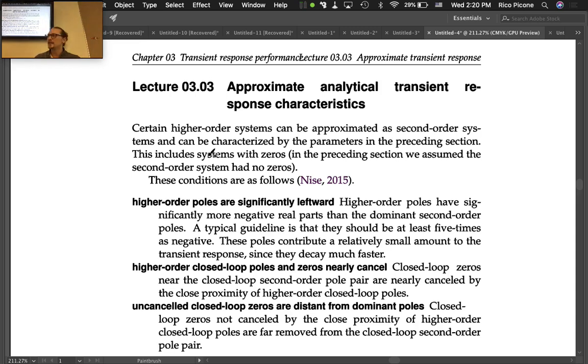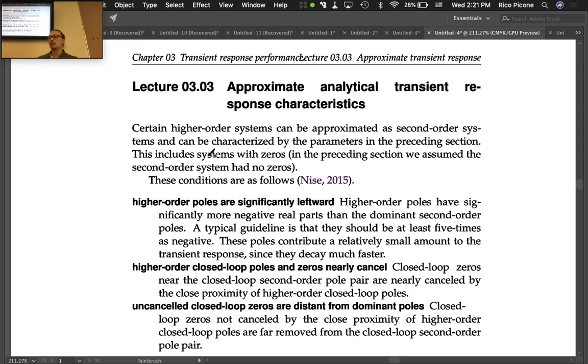Now, unfortunately, I know it's disappointing to discover that not every system is a first or second order system with no zeros. It's just the truth. So we can have higher order systems. We can have systems that are lower order, but they have a zero or two associated with them.